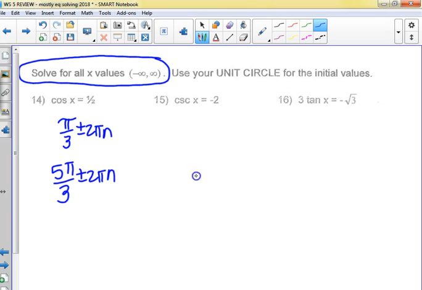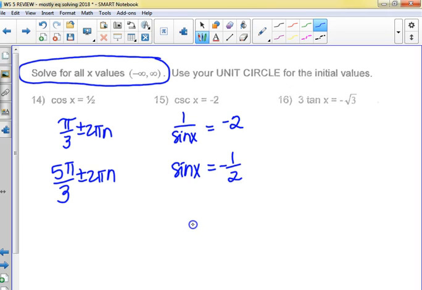We're done? What do we do with a cosecant? Yeah, if you wrote this as 1 over sine equals -2, and then cross multiplied and divided, or just flip both sides over, that will work. You get the sine is -1/2.